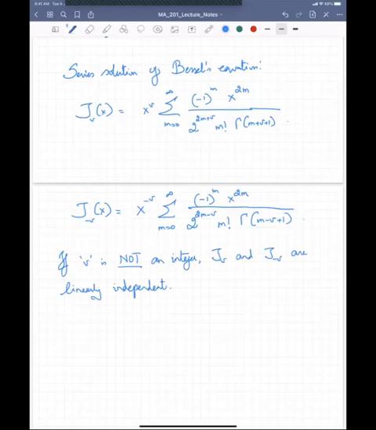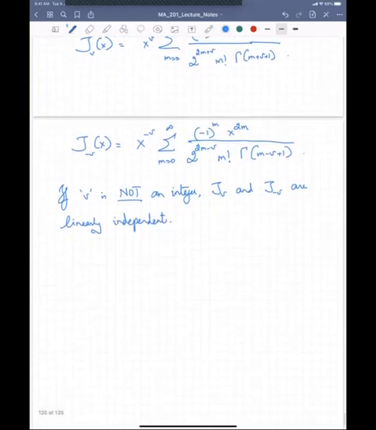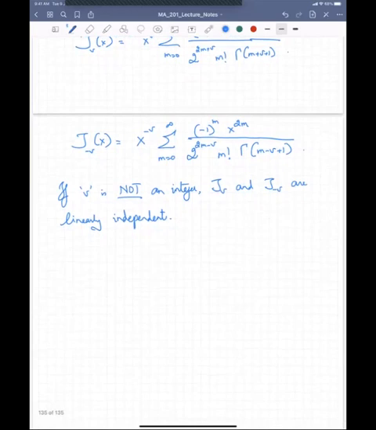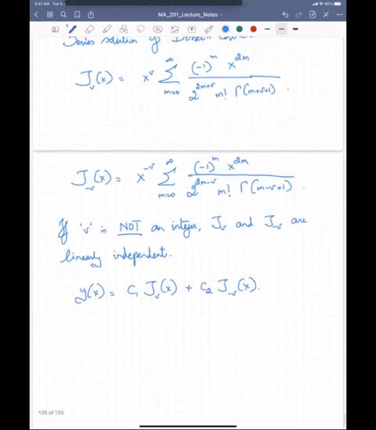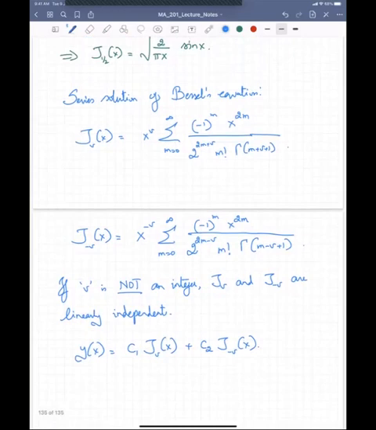Okay, so if nu is not an integer, I can write the general solution to Bessel's equation as y of x equals c1 J nu plus c2 J minus nu. Okay, it's actually easy to see this cannot be linearly dependent because you have a factor of x to the nu in J nu and x to the minus nu in J minus nu. So if you divide one by the other, you would definitely not get a constant.